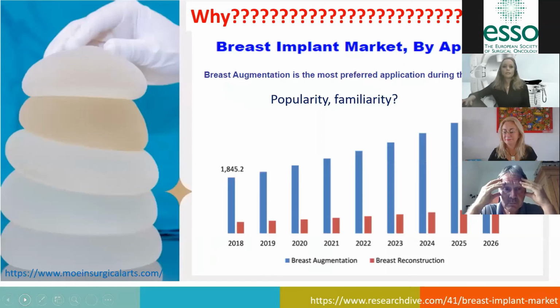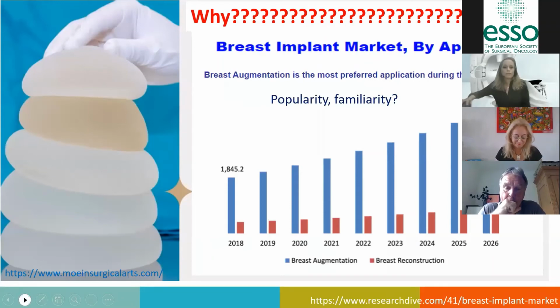And why is that? Maybe it is also associated with the trend of breast augmentation, not in the case of breast cancer. In this figure, you can see the popularity of breast augmentation in the population, and maybe this is an indicator of the popularity of the procedure and familiarity with the procedure.